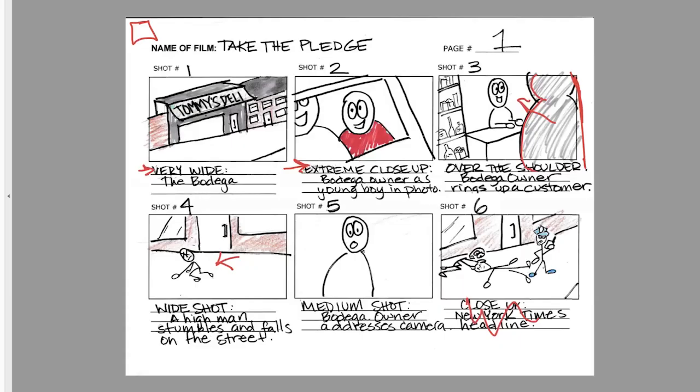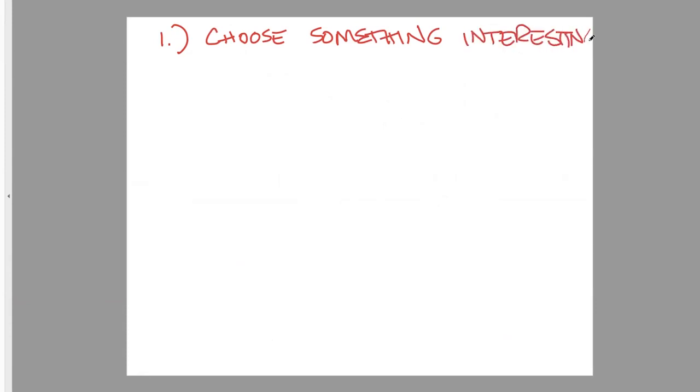So, speaking of thought, some things to make your life in this project easier on yourself. 1, choose a topic that you find interesting. If you don't care about kids vaping, don't do that just because you think it's a thing to do.